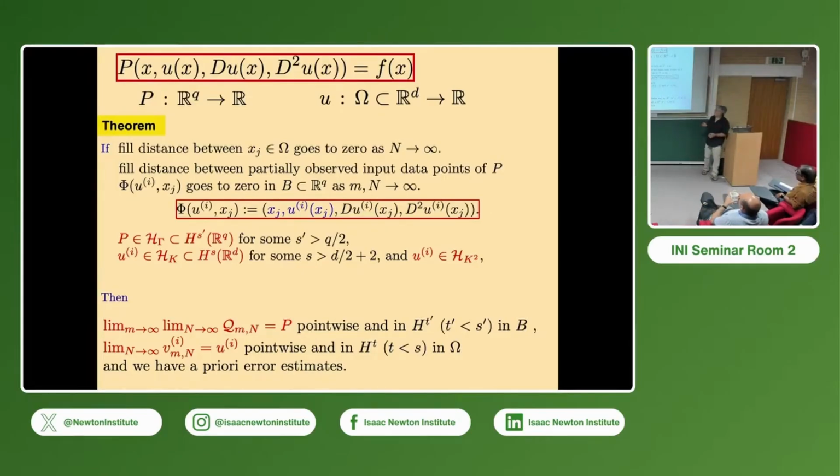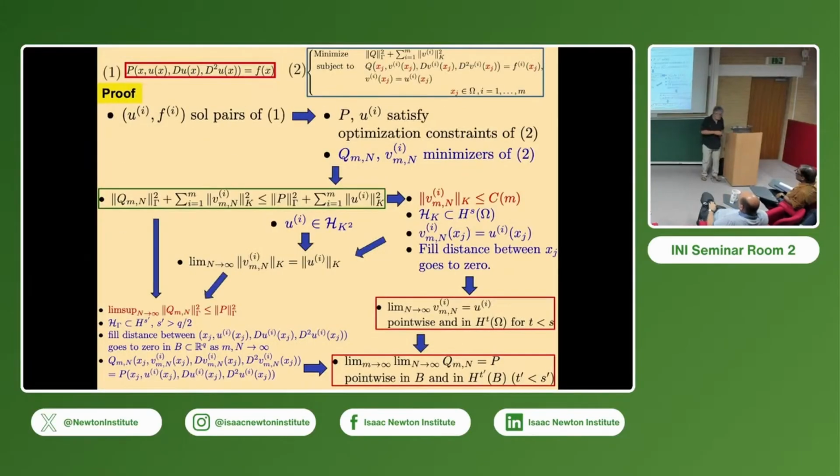Okay. Now, what I would like to do is to give you some idea of the proof, because it's actually quite generic. I claim all type 2 problems can be proven to converge, and you can have error estimates for all these type 2 problems by just following this type of arguments.